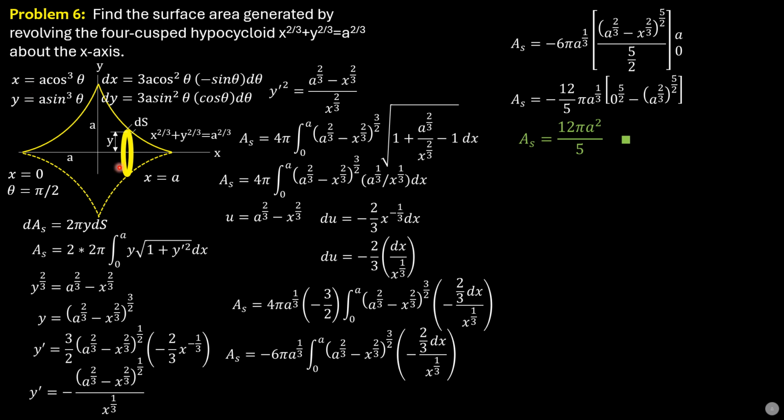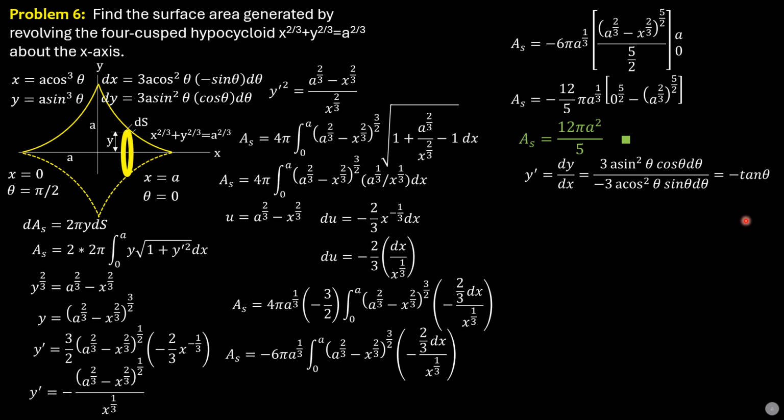So x is a, theta is 0. Those are the limits. So y prime is equal to dy dx, 3a sine square theta cosine theta d theta over negative 3a cosine square theta sine theta d theta. And if we simplify that, cancel everything, we have sine theta left in the numerator, cosine theta left in the denominator, then negative, so negative tangent theta.